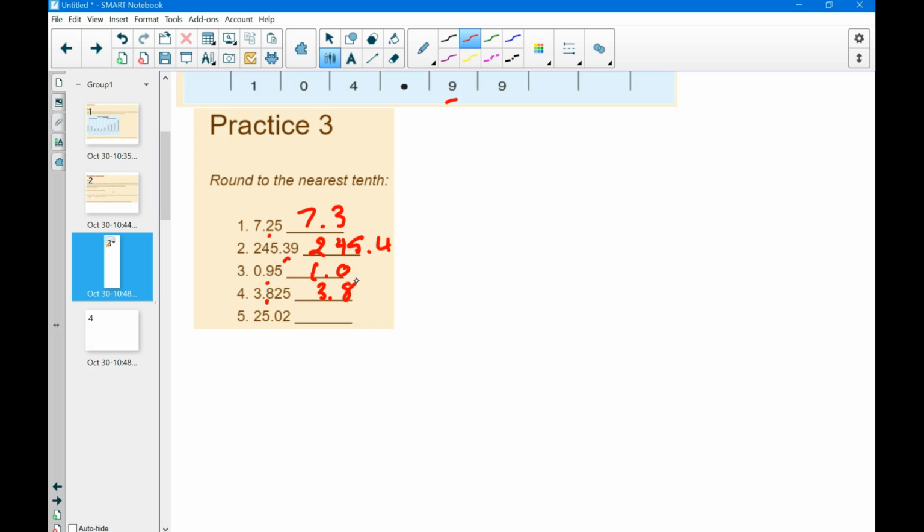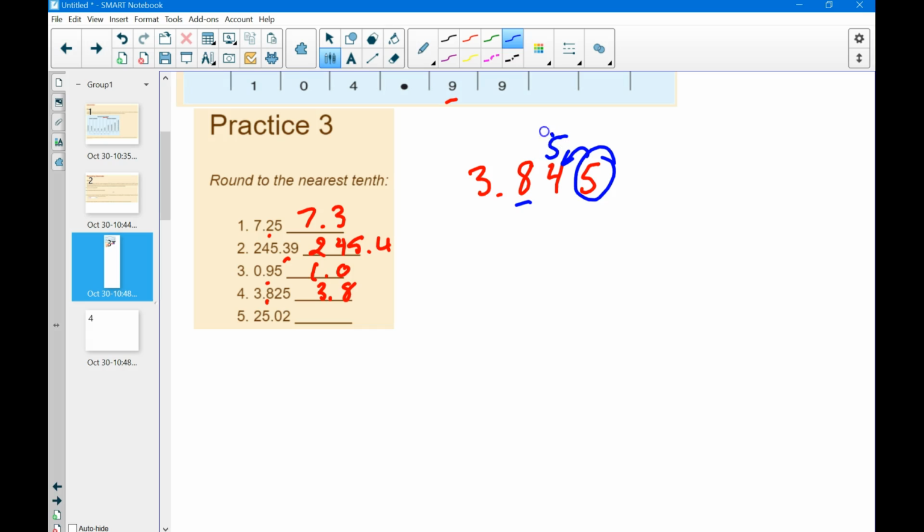Do not do this though. Let's just say, for example, if I had 3.845. Do not do this. We're rounding this one off to the nearest tenth, rounding off to here. Do not look at the 5 and say, okay, that's 5 or higher, so let's round this 4 to a 5.